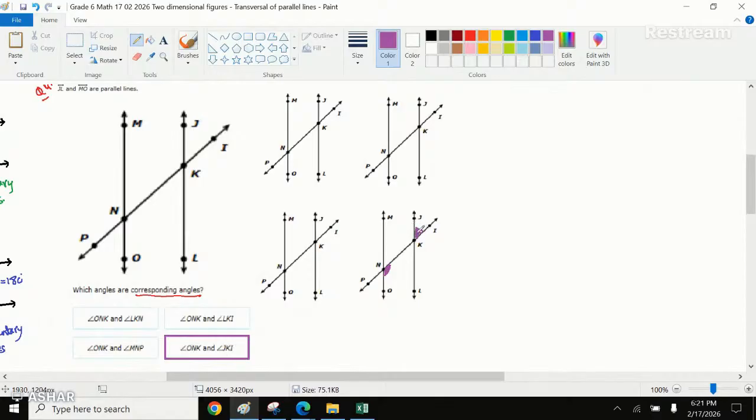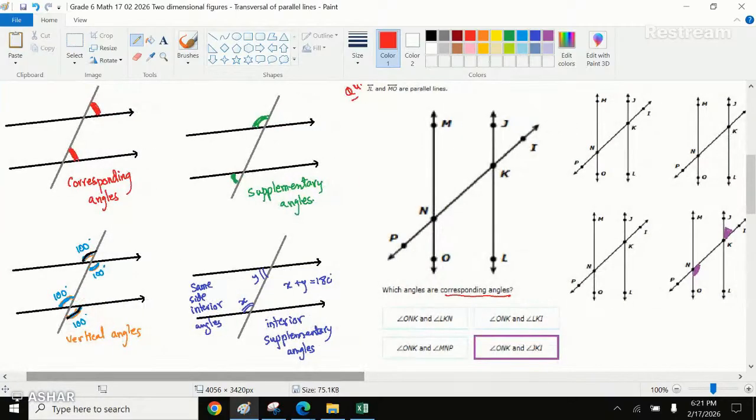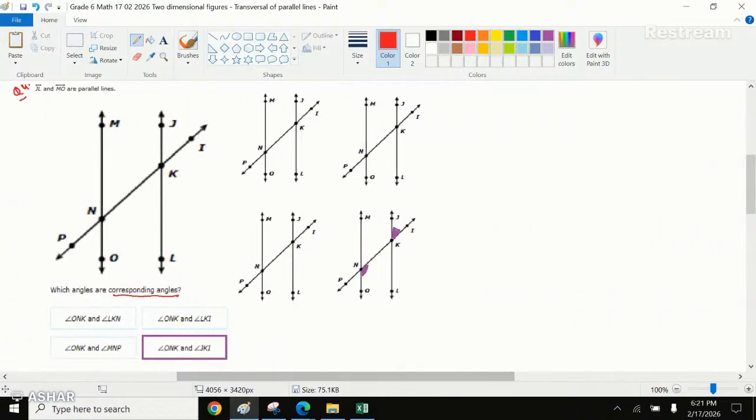Are these two angles corresponding to each other? The corresponding angles would be something like this. When two parallel lines are there and a line is intersecting the parallel line, then those two, one interior and one exterior angle, would be corresponding, right? That means this is not corresponding.